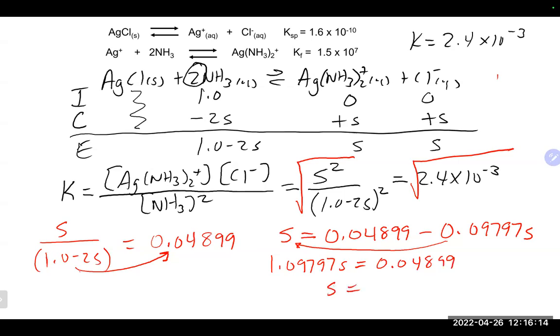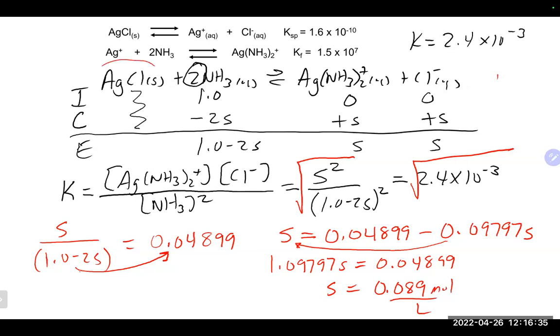Dividing it to the other side gets us 0.089 moles per liter, would be the solubility of silver chloride.